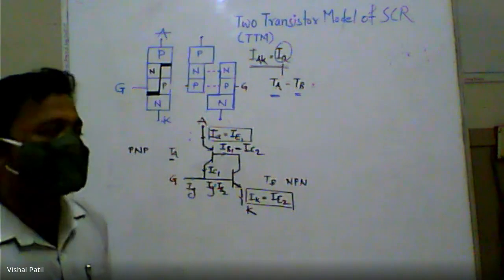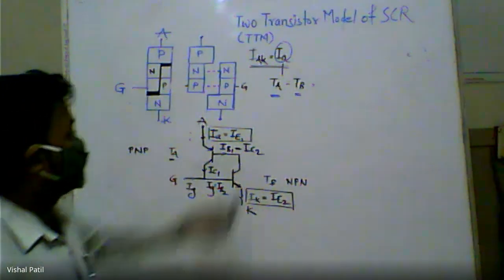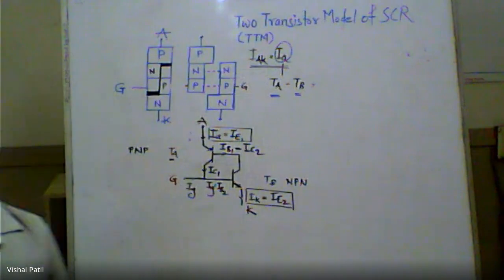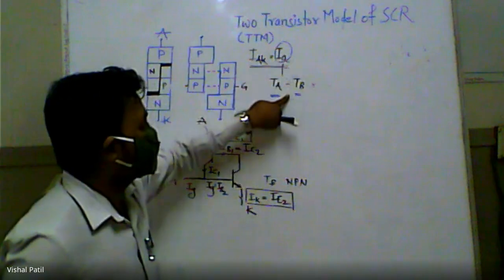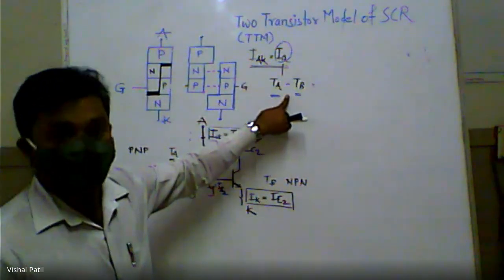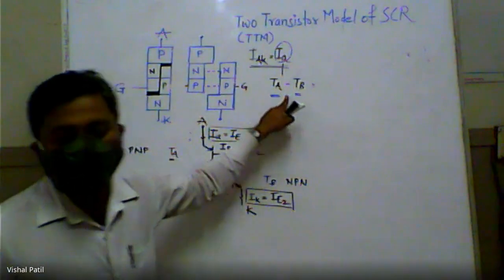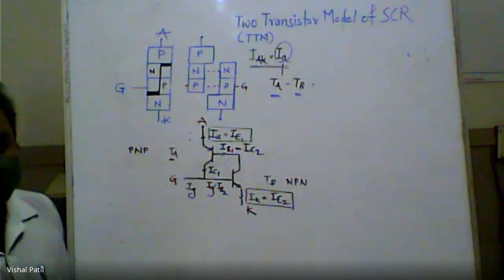Is there any parameter associated with the transistor which will control this current? Or is there any relation between the anode current and a parameter of the transistor? So what is that parameter? For a transistor, which parameter is important? Can anybody tell me?